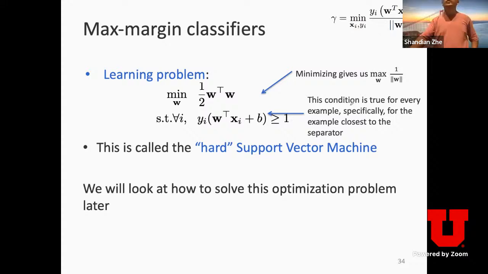Exactly. So this hard SVM requires you to have a 0 training error. But how do you see this just from the formulation itself, how do you see this requirement?